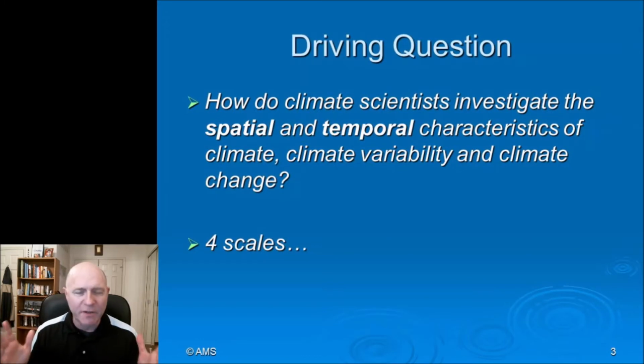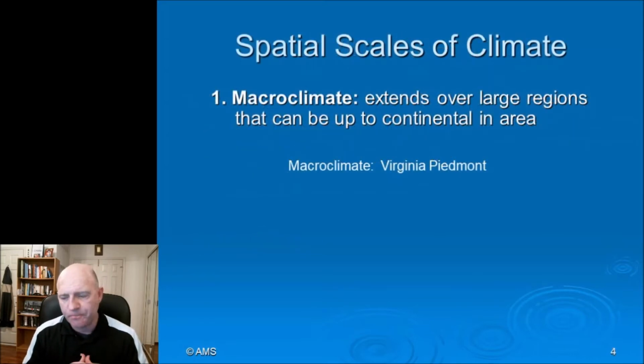We start with the driving question about scales. And really there are four fundamental spatial and temporal scales when we think about climate variability and ultimately climate change. The first one is the macroclimate. That extends over larger areas up to continental in size.